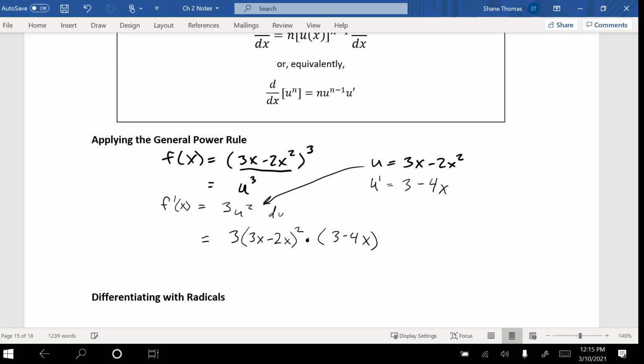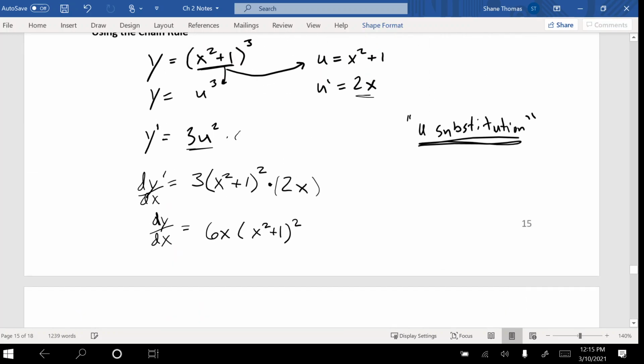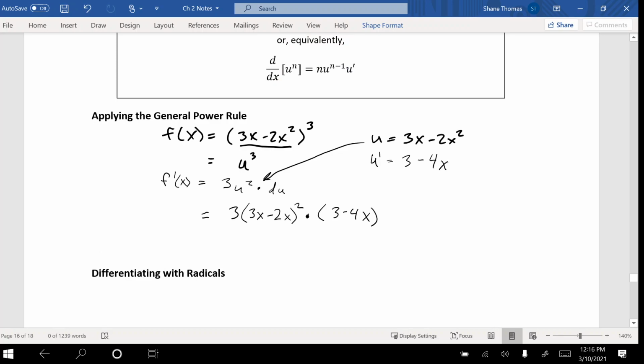A lot of times you put in a du there as well, if you want to put that in as just a reminder, okay? It's not a bad thing to do. So we can go back here and put one in here as well. U prime, which means the derivative of u. Okay?